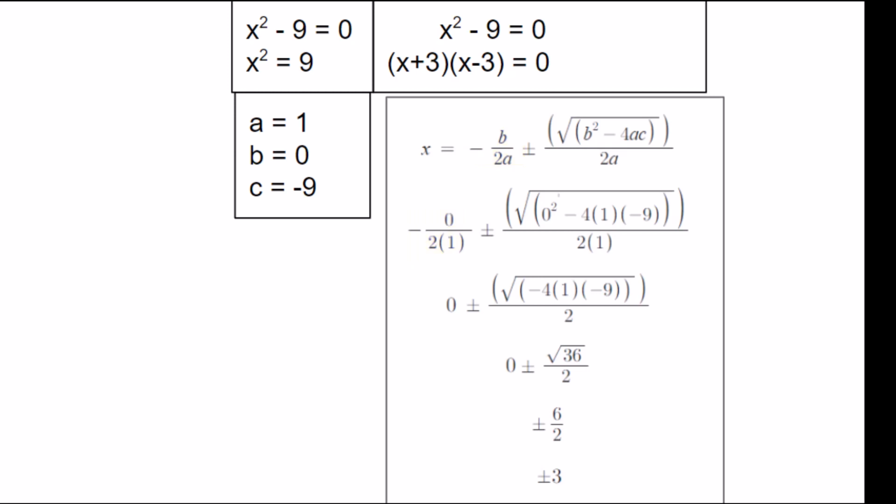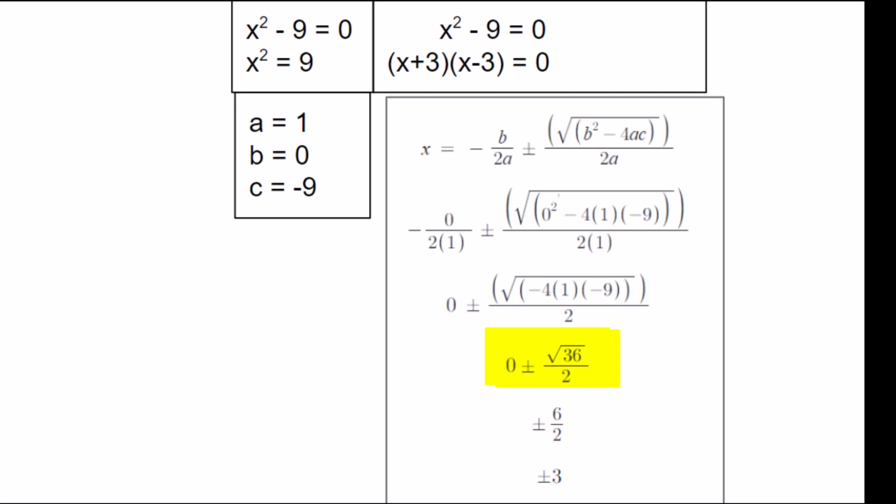Then we have plus or minus the second term. Since the value of b again is 0, we would say 0 squared minus 4 times a, being equal to 1, times c, which is negative 9. So if we drop down below, we see that the first term is 0. And then if we multiply negative 4 times 1 times negative 9, we get a positive 36 under the radical, because we're multiplying a negative times a negative.